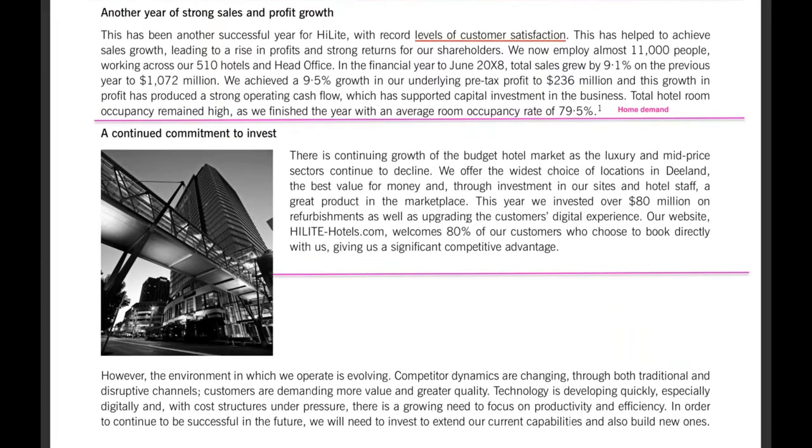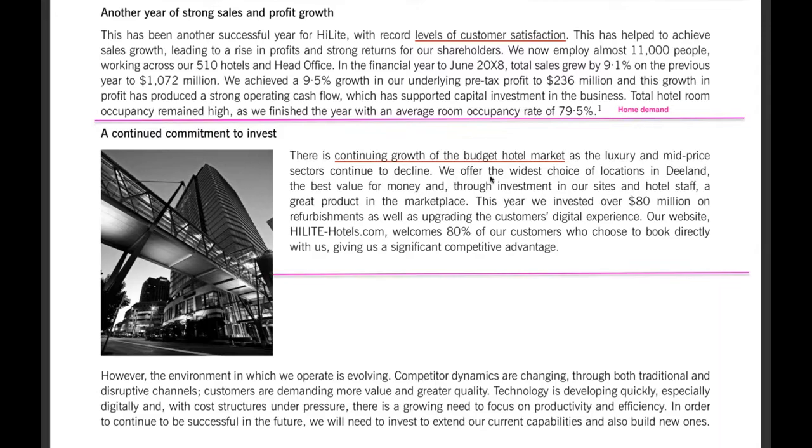And then after that, you also have here there is a continuing growth of the budget hotel market, all right, as the luxury and mid-price sectors continue to decline.